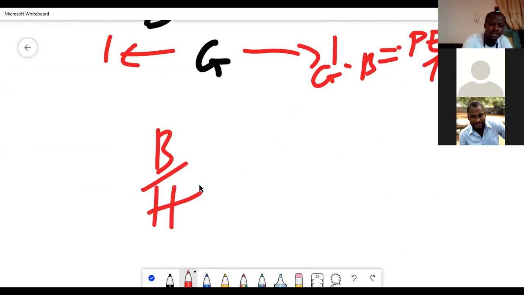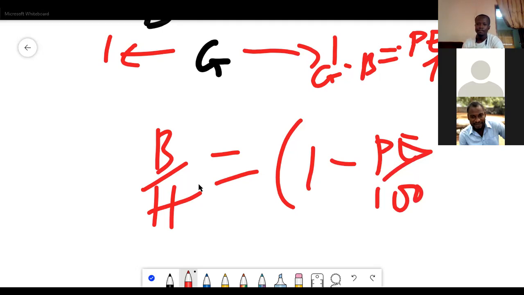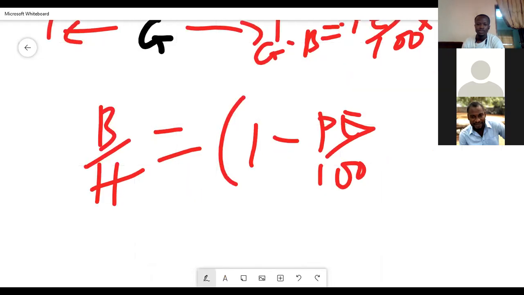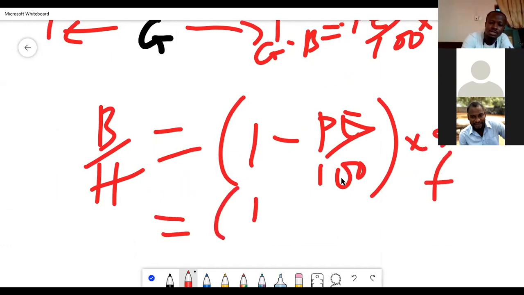B over H is equal to 1 minus PE over 100 times D over F. 60% is actually 0.6.